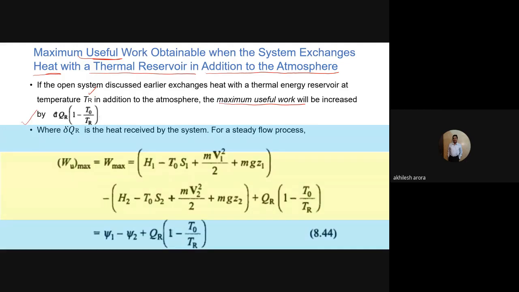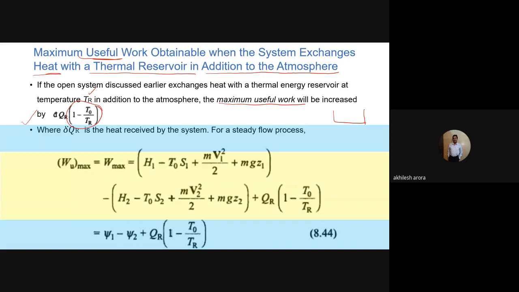Because now we will be transferring this much amount of heat. What we have considered is that this particular heat transfer takes place up to the ambient temperature, and this temperature is higher than the ambient temperature. So you understand it this way.